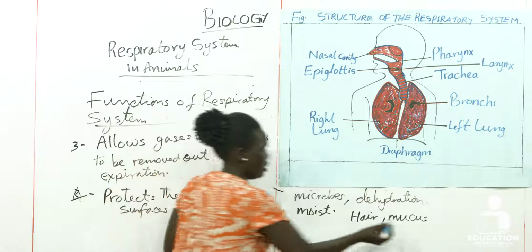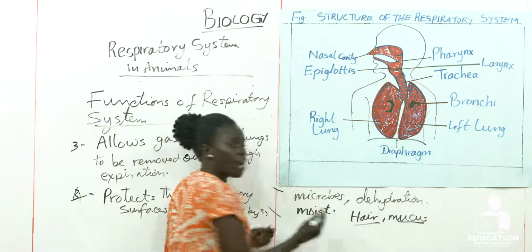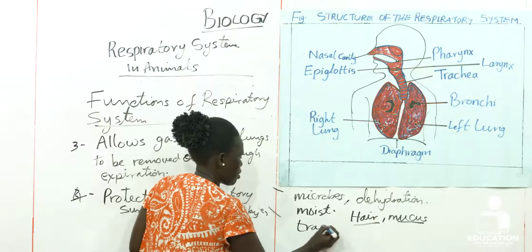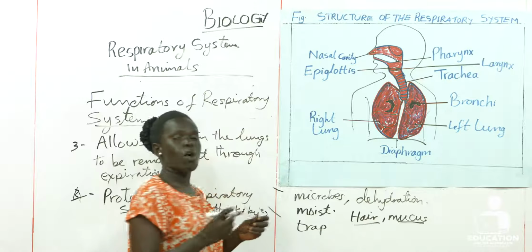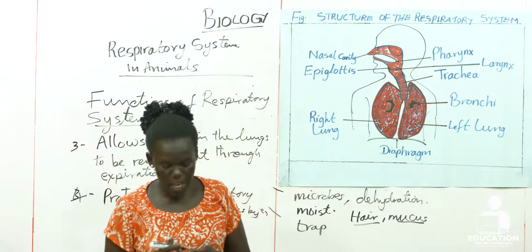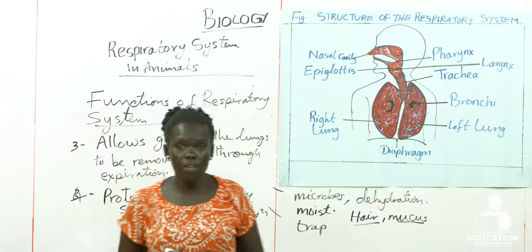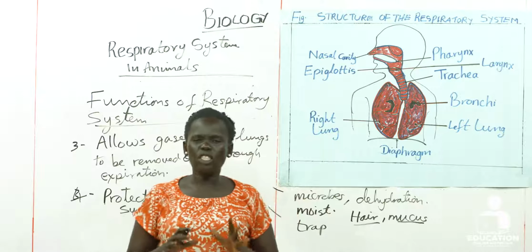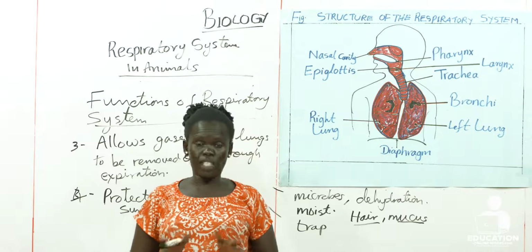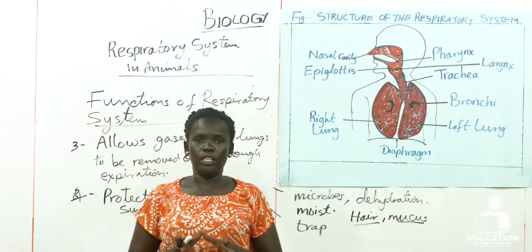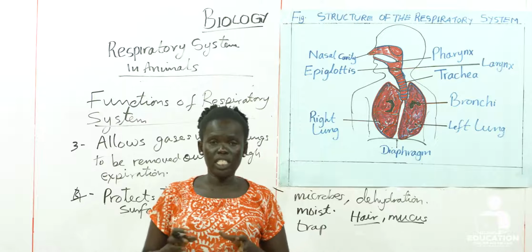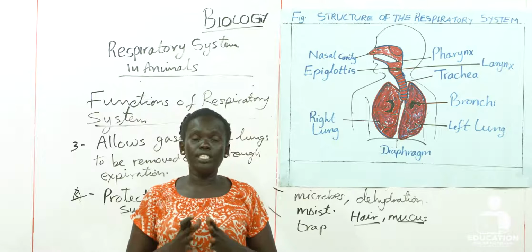So these trap small particles, dust, because the air we are taking in from the surrounding is not totally clean. It is mixed with some impurities. When we take in all these impurities, it can cause diseases.